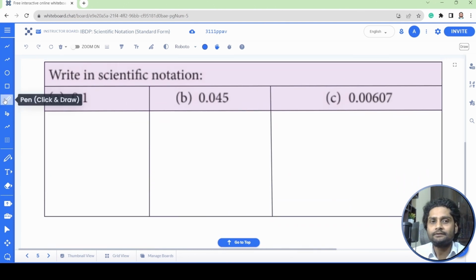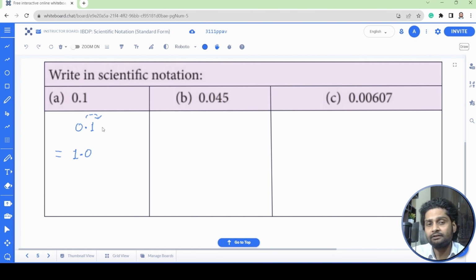Let's continue with this. Now students, to make this number between 1 and 10, we want to shift the decimal but not to the left but towards the right. We have to shift the decimal towards the right direction like this. Okay, so as soon as we shift the decimal towards the right direction, yes, it's 1 and we can write 1.0, right?